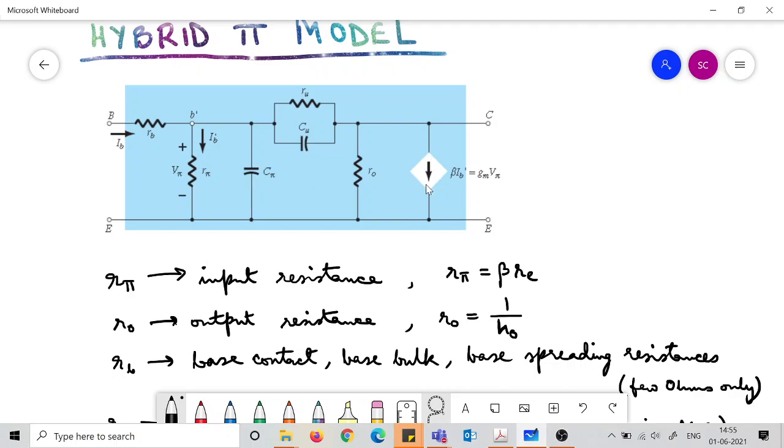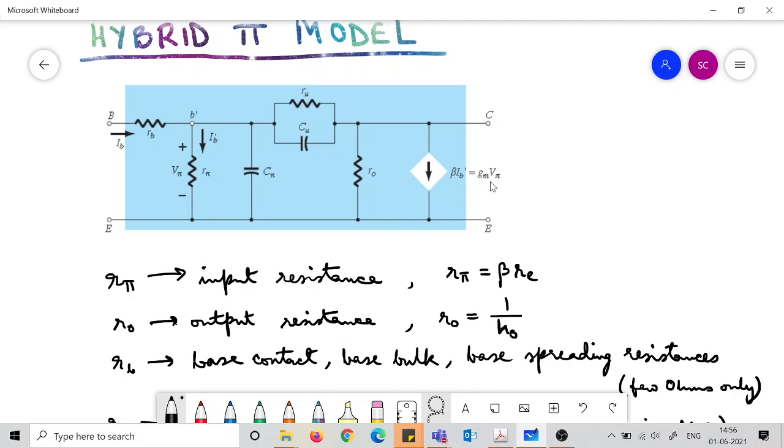So you can consider this controlled current source as either a current controlled current source or a voltage controlled current source. It is your wish how you want to define it. When defining it as a current controlled current source, the relationship is simply beta times the input current, here IB dashed.